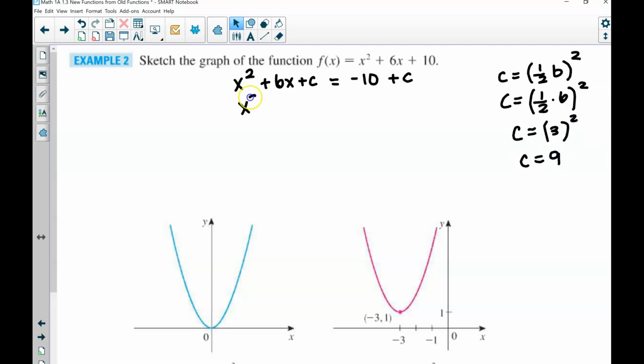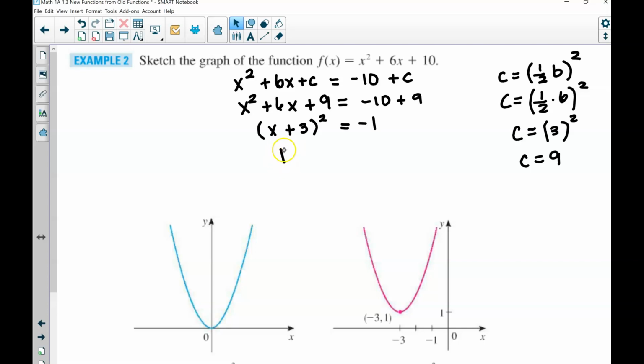So now we would have x squared plus 6x plus 9, which is equal to negative 10 plus 9. So now when we factor, we would end up with x plus 3 squared, which is equal to negative 1.